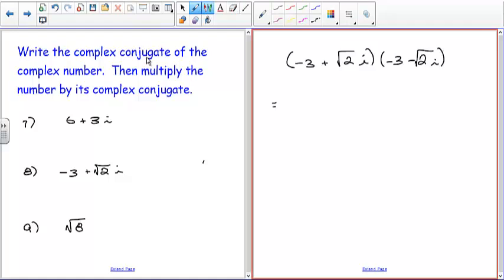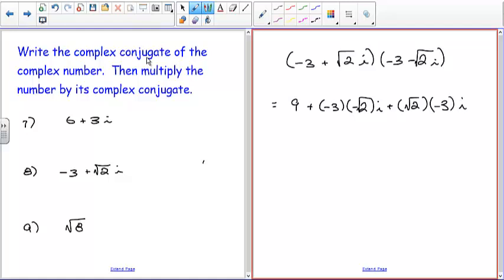Okay, so now we're going to use FOIL. So you're going to have negative 3 times negative 3, which is positive 9. Then outer, negative 3 times the square root of 2 times i. Then I do inner, which is going to be plus the square root of 2 times negative 3 times i.